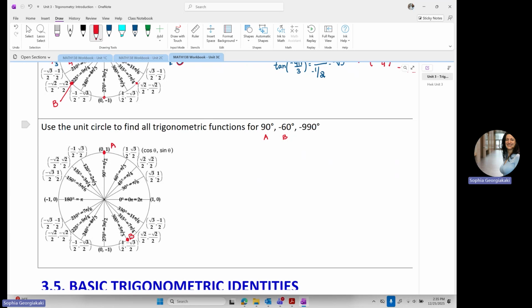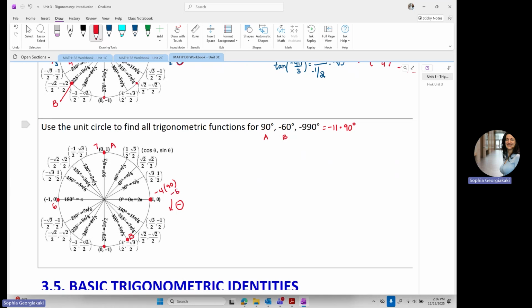-990 degrees is -11 times 90 degrees. So if I start here and I move in the negative direction, the first point here will be -1. This is -2, -3, -4 times 90 degrees. 5, 6, 7.